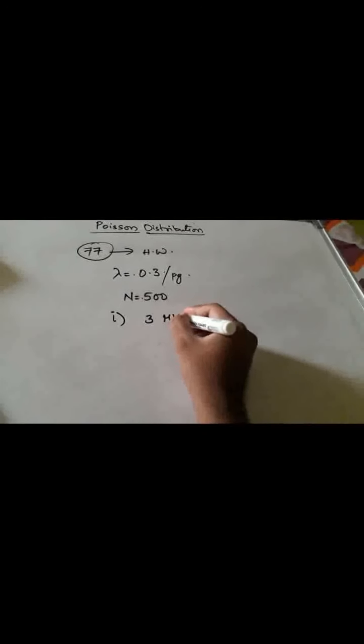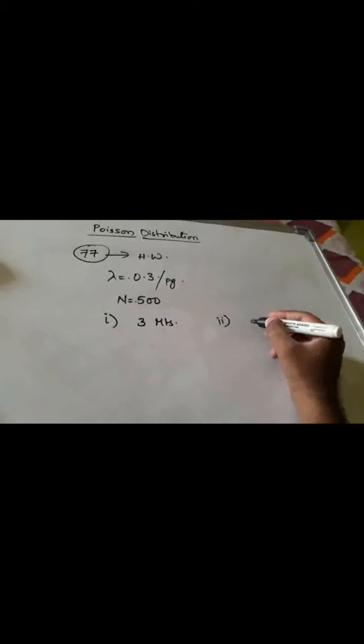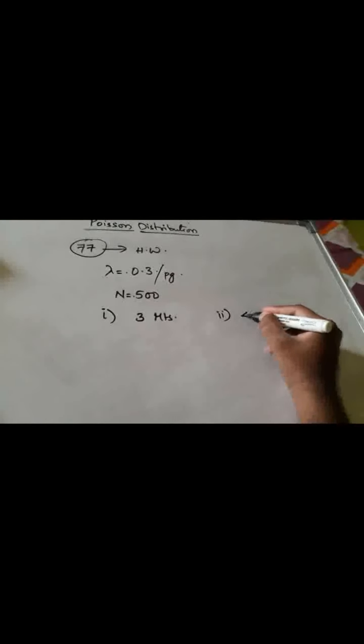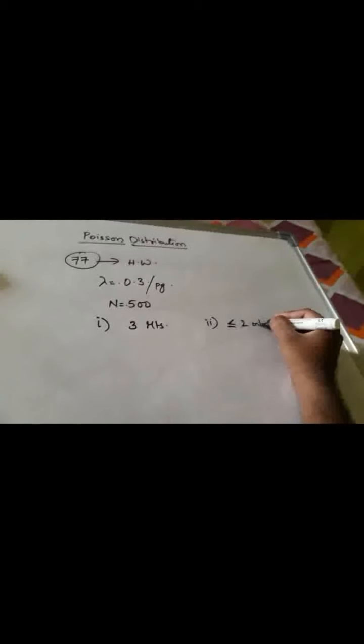If there are 500 pages, that is capital N, in a textbook, how many pages will be there with only 3 mistakes? And question number 2, at the most, less than or equal to 2 mistakes. So these are the 2 questions they asked.